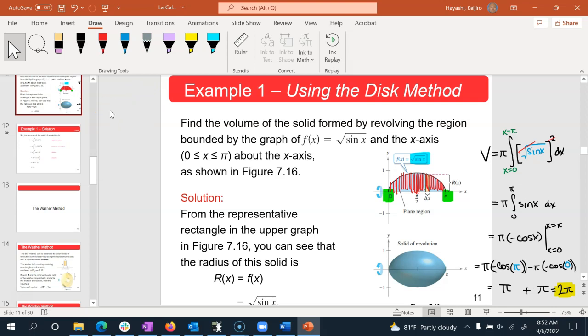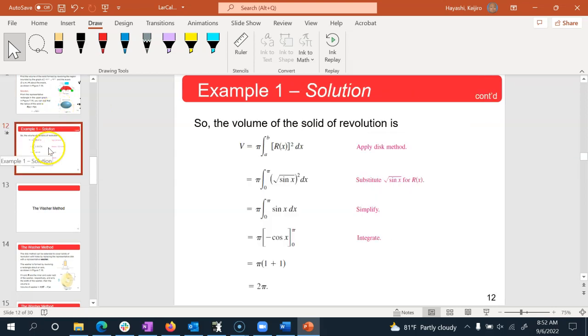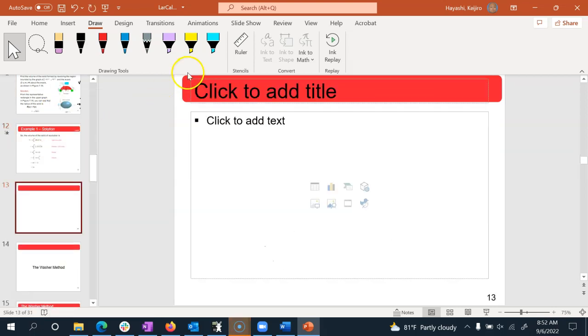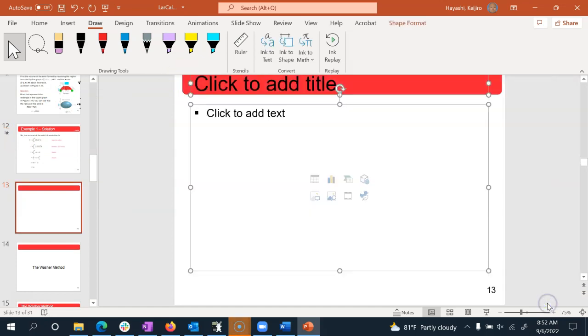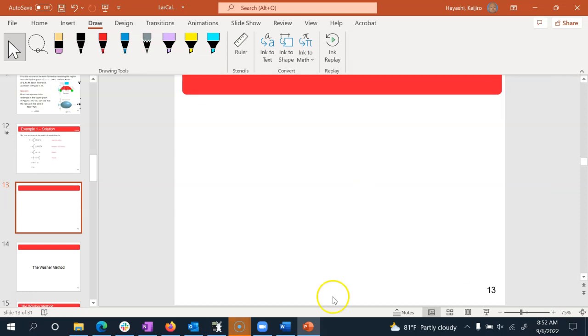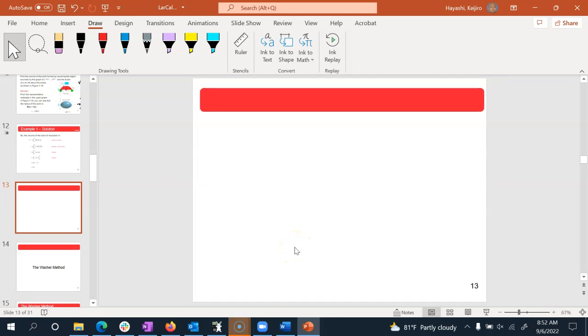Now, I wanted to talk about what happens if you're not just rotating something around the x-axis or the y-axis. There may be situations, and I almost never actually get to this in the class.